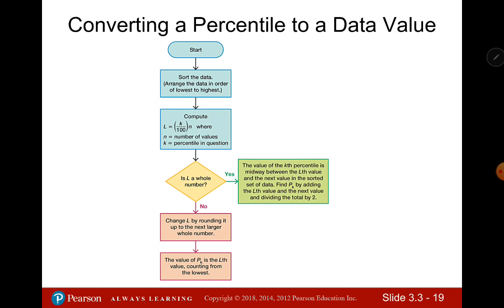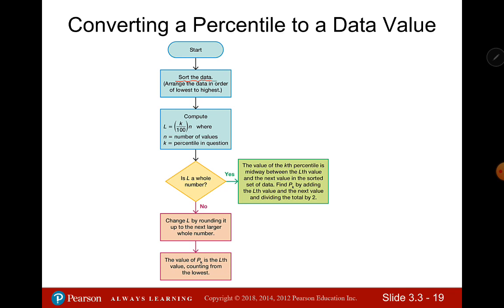So what should we do? Let's check this one. Don't forget, no matter whether we do x value to percentile or percentile to x value, we always need to sort our data first. Put them in order, from lowest to highest.